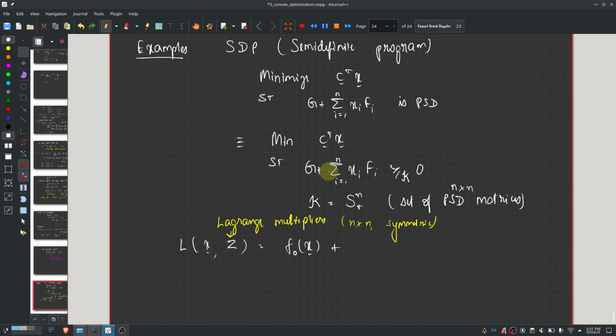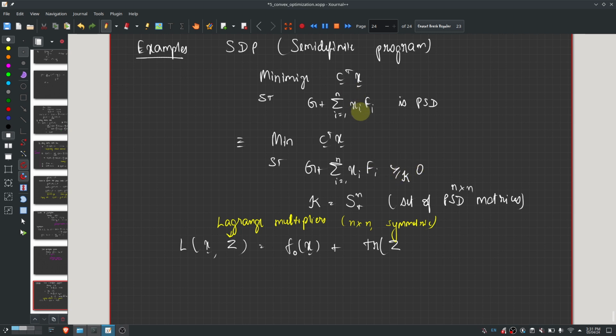Trace of the product, the Frobenius inner product. So that will be plus the trace of Z times the quantity. I don't need to take Z transpose because everything here is symmetric. My assumption is that each Fi is a symmetric matrix. Fi may not be positive semi-definite. Why is Z symmetric? That's how I'm going to choose it, because everything is going to be defined with respect to a certain cone.